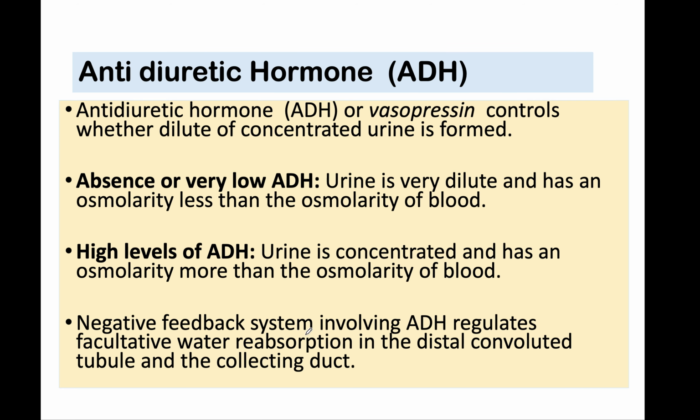So the antidiuretic hormone, when it's absent, produces very dilute urine, and when it is at high levels, it produces concentrated urine. And it is under negative feedback, like many other feedback mechanisms in our body to maintain homeostasis. So the negative feedback with the antidiuretic hormone regulates the facultative water reabsorption in the distal convoluted tubule and the collecting duct.